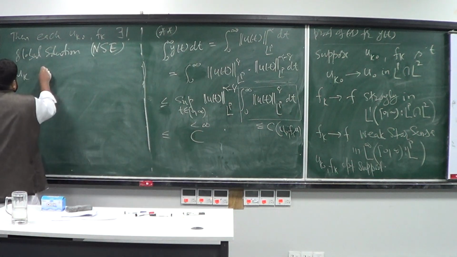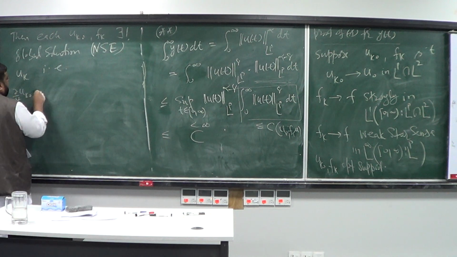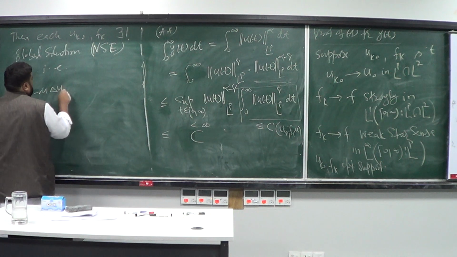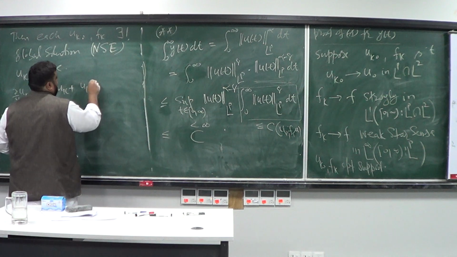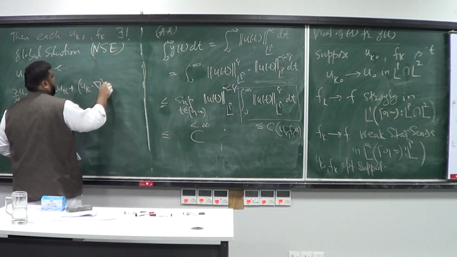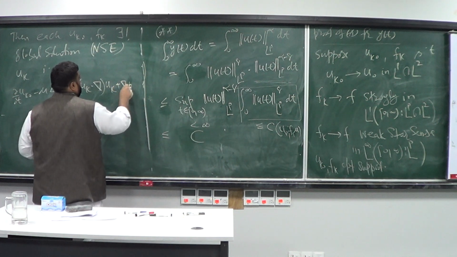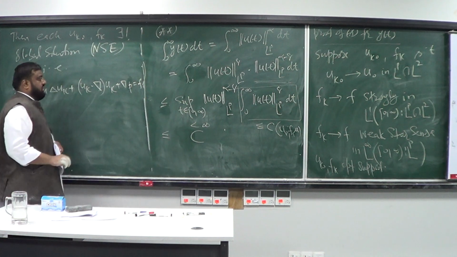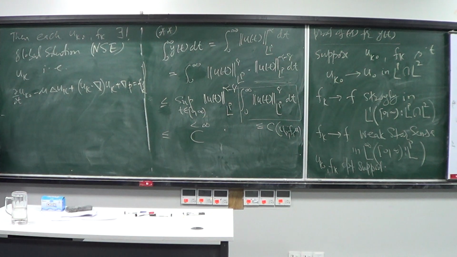That is, U_k naught and F_k satisfy this: partial U_k by partial t minus Laplace U_k plus U_k dot del operator operated onto U_k plus gradient of p equal to F_k. The pressure is not changing, so it stays the same.